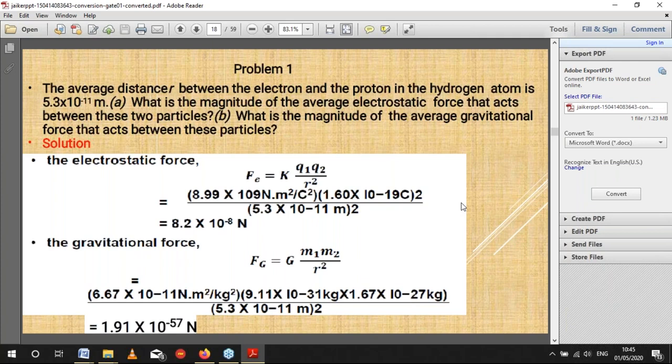So we've known everything and we use the formula. Fe is equal to K Q1 Q2 all over R squared.